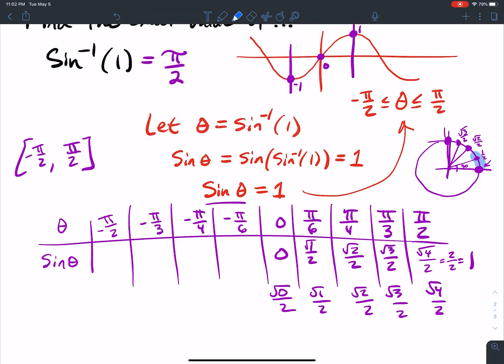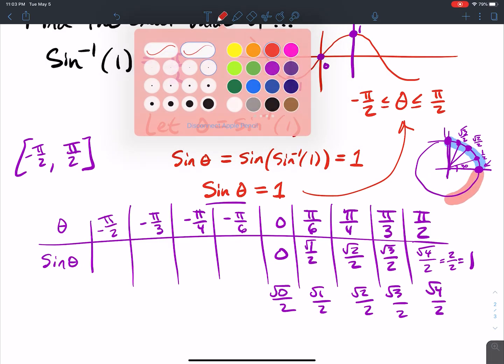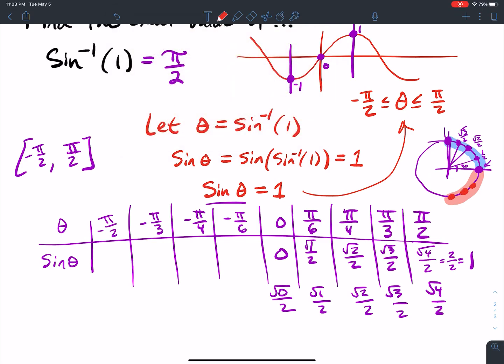Okay? So if you think about it, the y values from 0 to pi over 2 are positive. But the y values from 0 to negative pi over 2, all those y values are going to be negative. So literally, instead of having positives, we're going to have negatives.